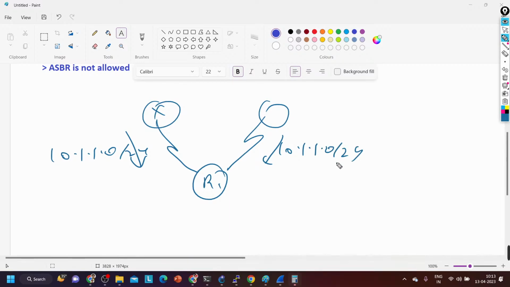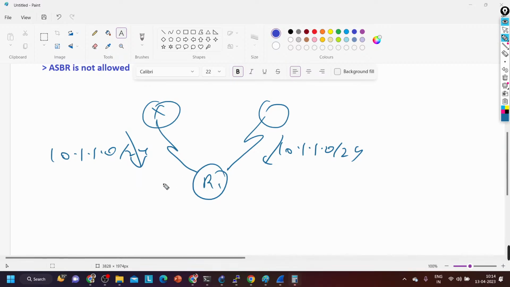10.1.1.0/24. So first of all, definitely the router will check what? Prefix length. The prefix length is the same. Then the router will check what? AD value. From both sides it is getting the route from OSPF, so the AD value will also be the same. Yes or no? Then it is going to check the metric?